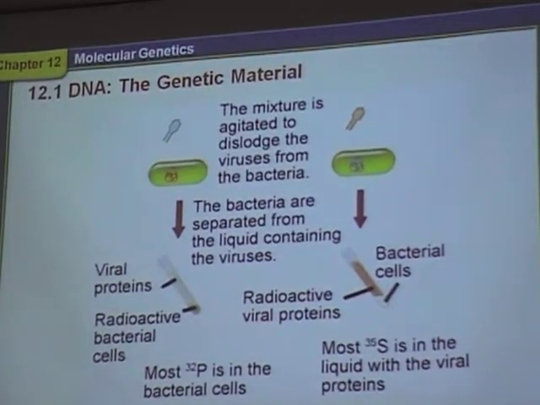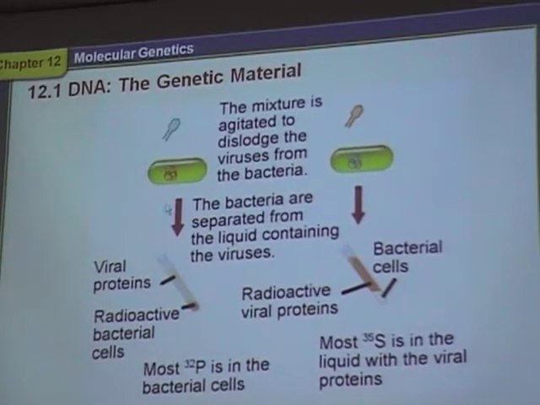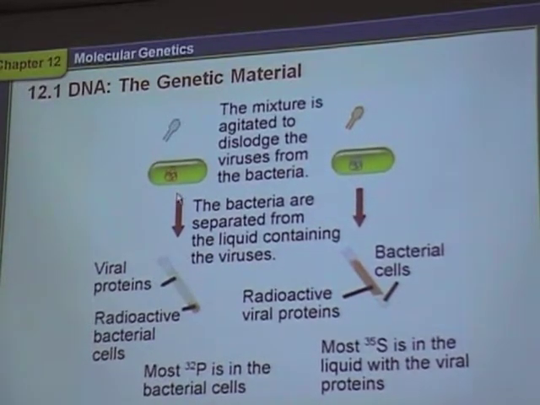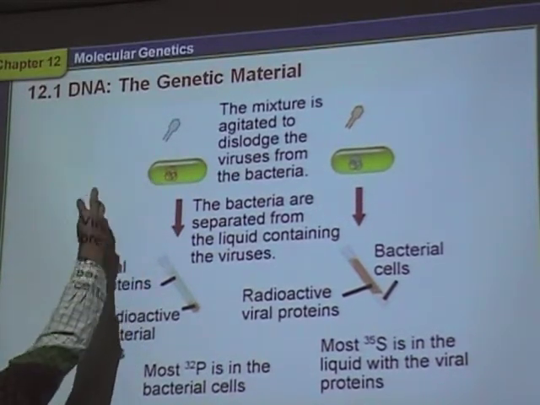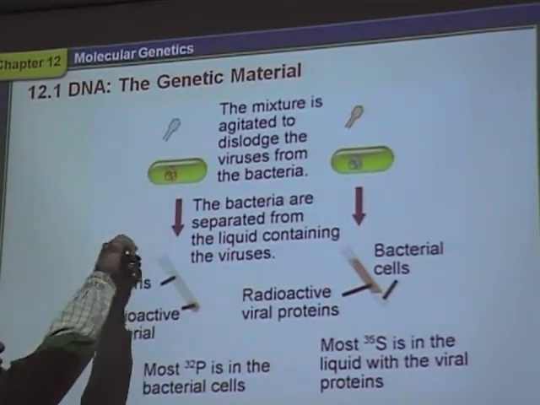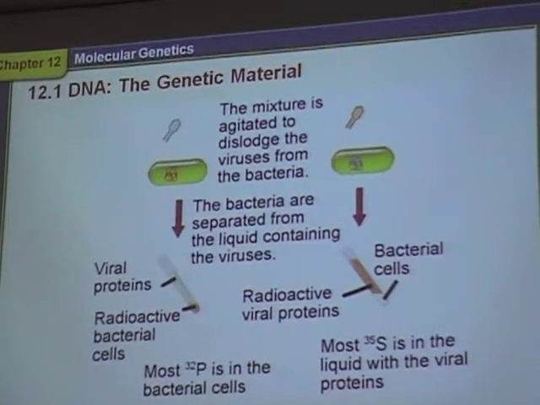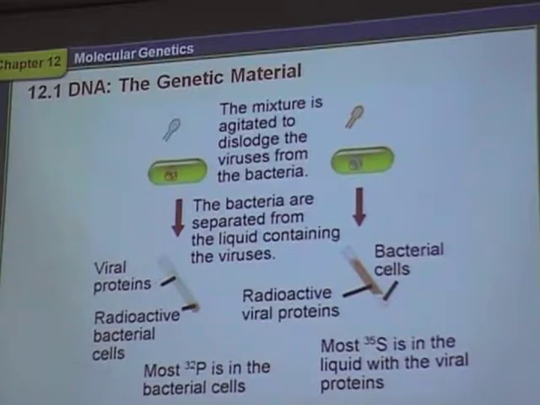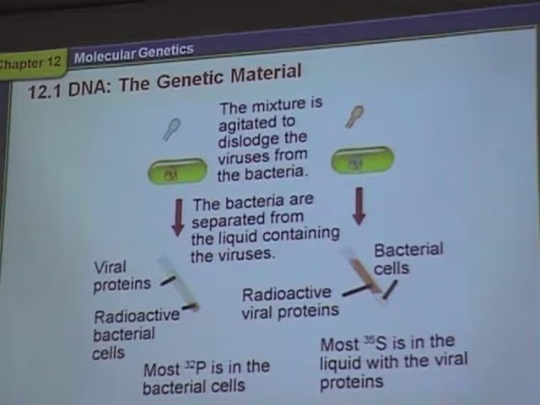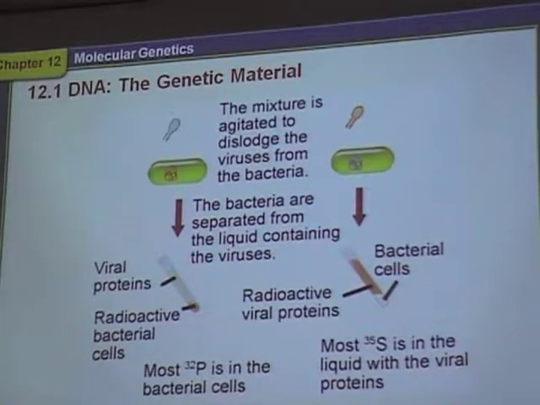And then they looked at the bacteria. The way they did that was they took the mixture and put it in a test tube and spun the test tube around. Have you ever seen a centrifuge? You know what that is? It's a machine that spins things around real fast.